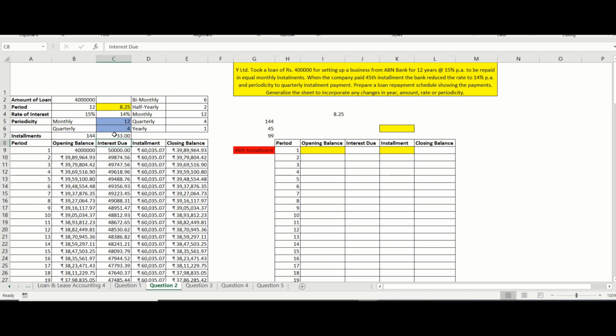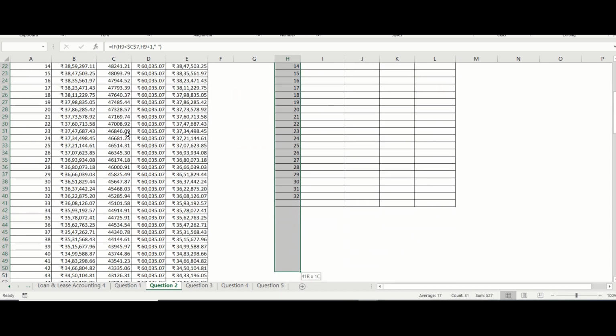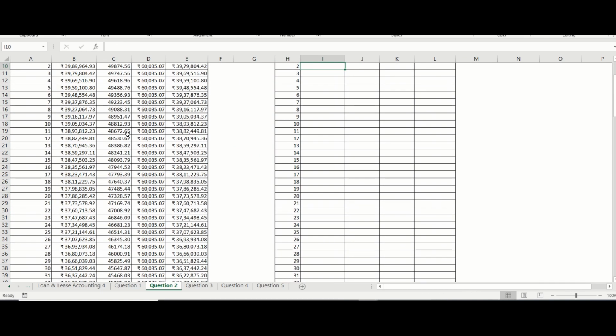Right? But 33 installments में the loan will wind up. So let's find out. So first installment 1 होगा, second installment is if previous installment is less than 33. I fix this. Then you add 1. Otherwise you just leave space. ठीक है? I drag this down and I get 33 installments. Right?